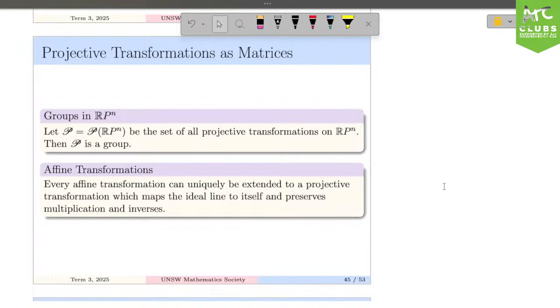So if our affine transformation tau maps x to Ax plus b, where A is a 2x2 invertible matrix and b is a two-dimensional vector, then we can get a projective transformation that is defined with A in the bottom right corner, b here, in the top left corner 1, and these two positions 0. Is that the right shape?